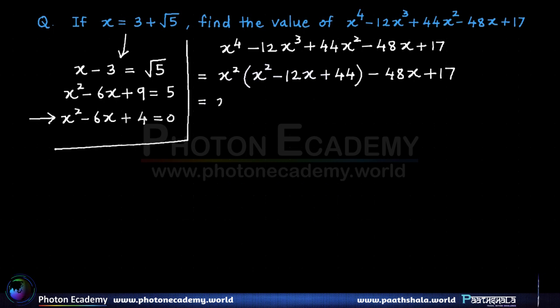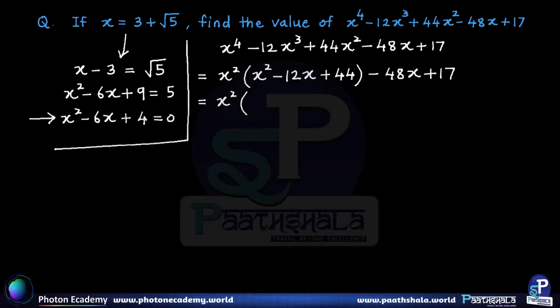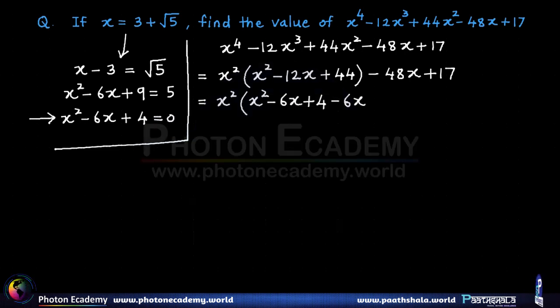Now once again try to adjust the expression which we have already got, that is x square minus 6x plus 4. Now since we want to finally have minus 12, we must subtract 6x here and we must add 40, so 34, and the remaining terms remain unchanged.